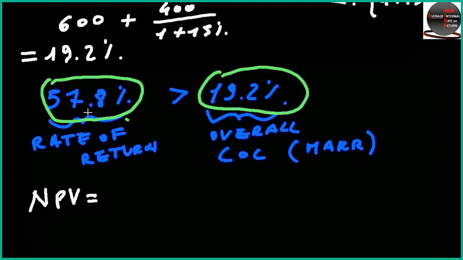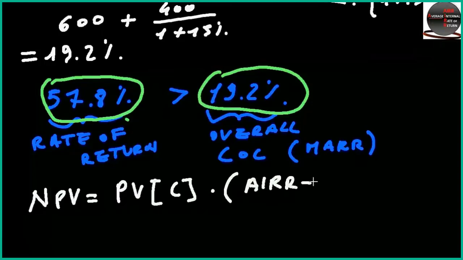We have the total capital invested, and we multiply the investment scale by the difference between the project rate of return and the overall cost of capital, the minimum attractive rate of return.